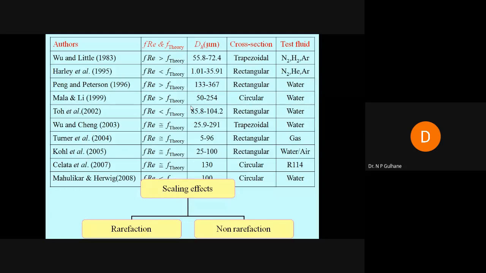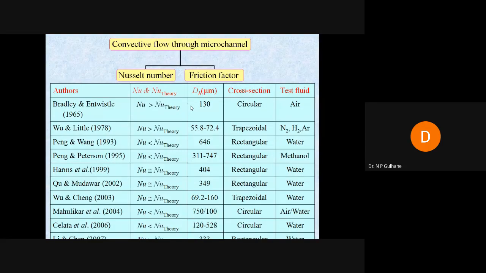And this scaling effect is divided into two, called rarefaction and non-rarefaction effects. When the flow takes place through a microchannel, it has two different effects.